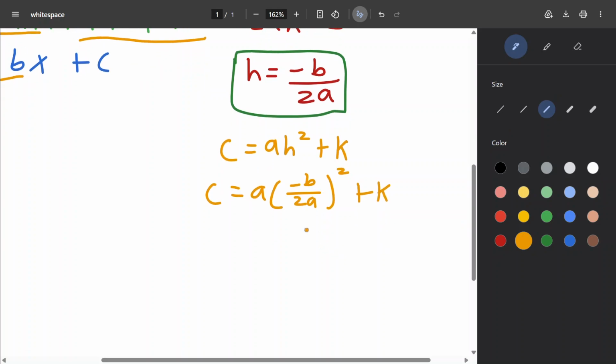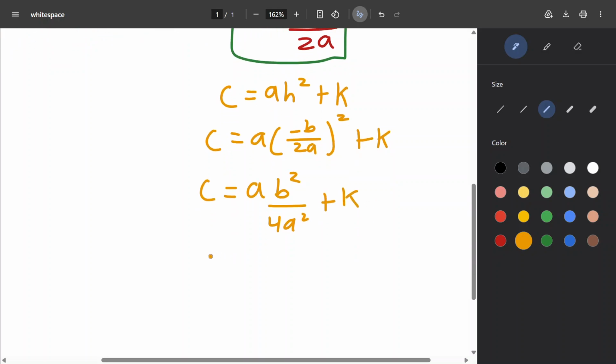All right, let's simplify what we can. Negative b over 2a all squared is just b squared over 4a squared. And we know that an a in the numerator and denominator can cancel, leaving us with b squared over 4a plus k.